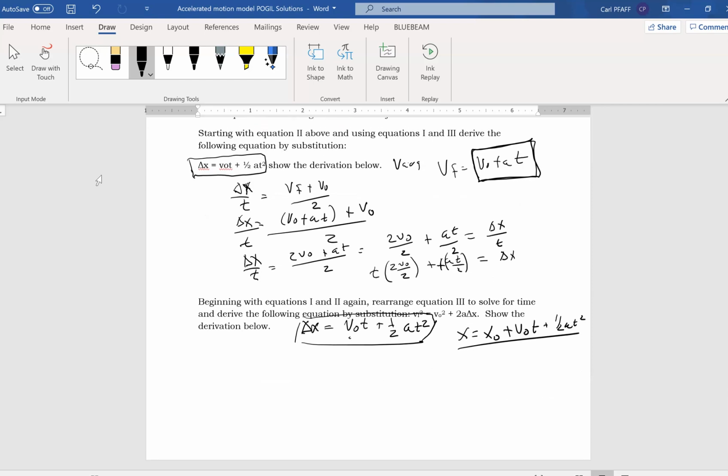All right, then the next question says, beginning with equations 1 and 2 again, rearrange it so we can get a look at this equation, which, notice, has no time in it.